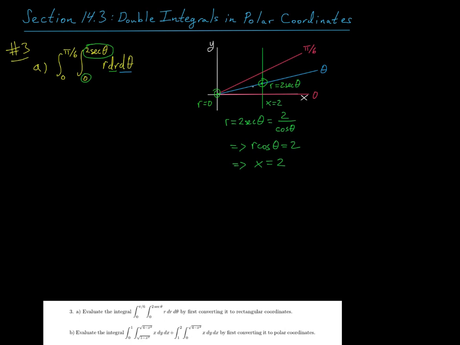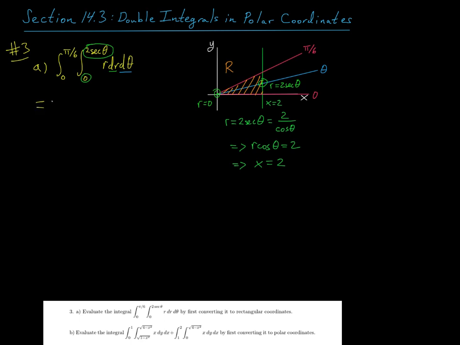And now we're going to let these blue sweeping segments here from 0 out to the vertical line sweep through the angle from 0 to pi over 6. So what we're describing there is just this triangular region right there in the first quadrant. So I'll call that region R. All right.